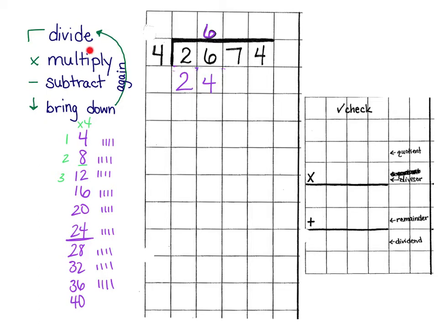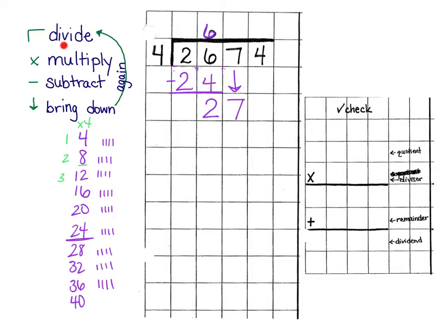And after we multiply, we subtract. So 26 minus 24 is, 6 minus 4 is 2. Now that we've subtracted, we bring down. This is my favorite part of division. I love drawing that arrow. 27.